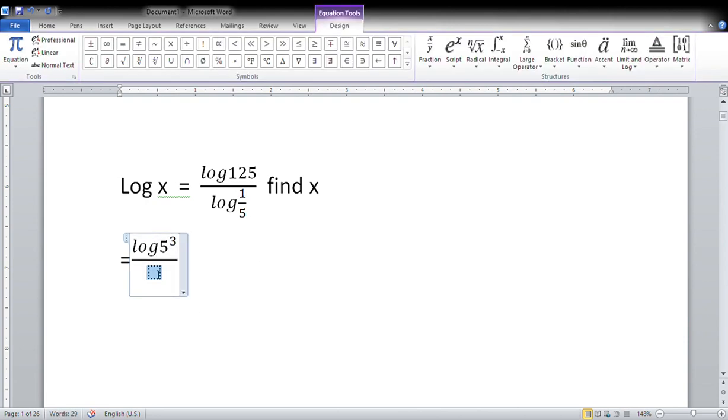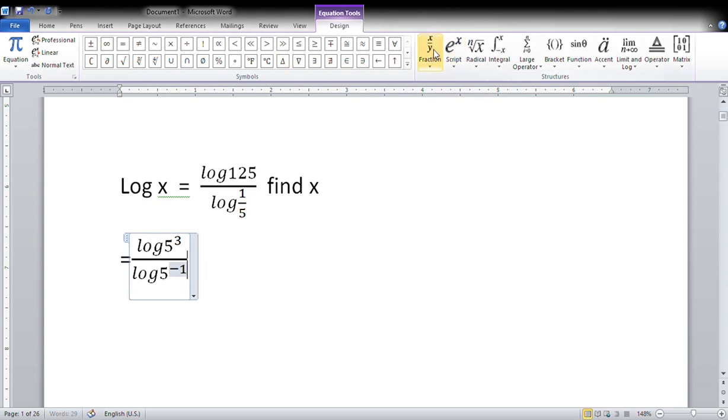On the left hand side, we can simply write log. And 1 by 5, you have to reciprocate a number. So 1 by 5, you can write as 5 to the power minus 1.